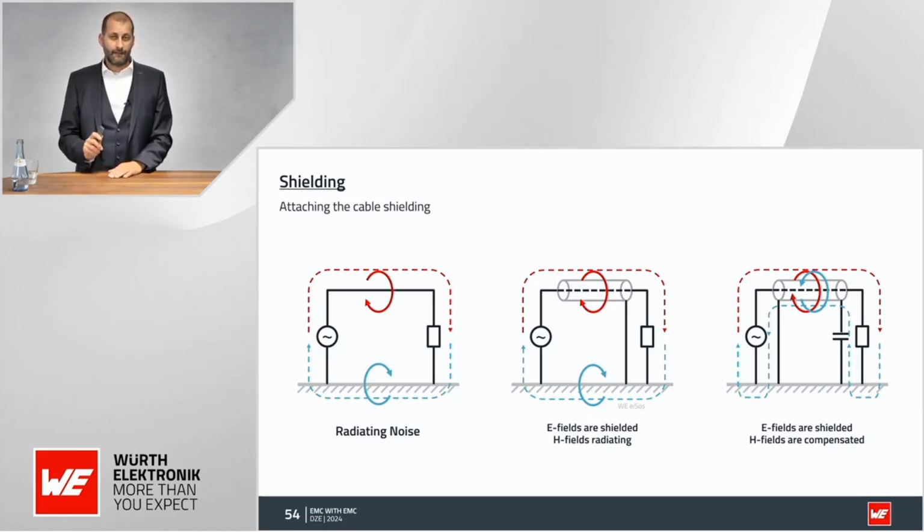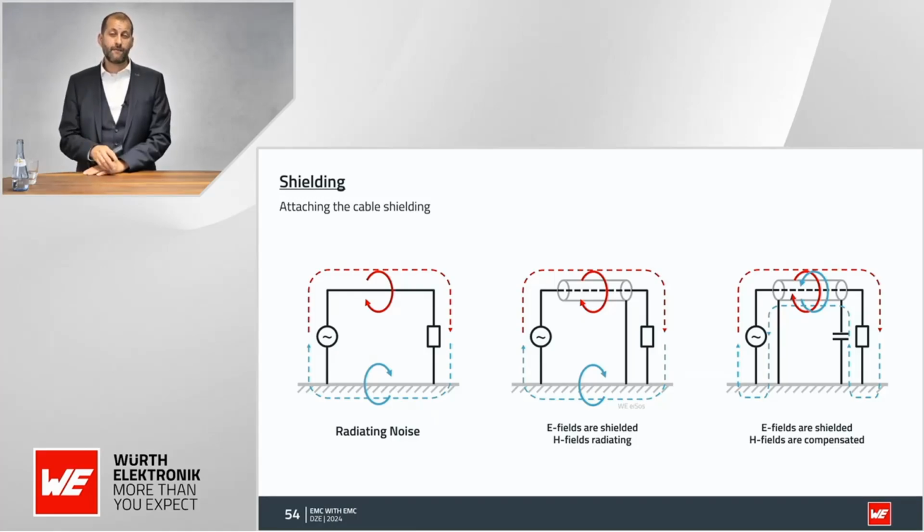That's one thing. And that's not a fairy tale, it really happened. We had that exact example in Austria, where we had a customer who was attaching the shielding on both sides, and he was failing the EMC test. He opened the shield on one side, and he passed the EMC test.